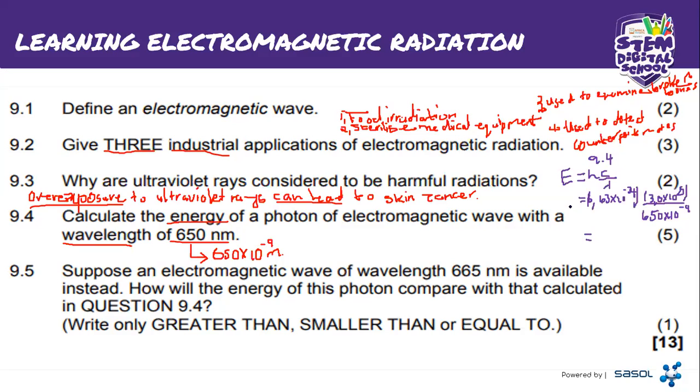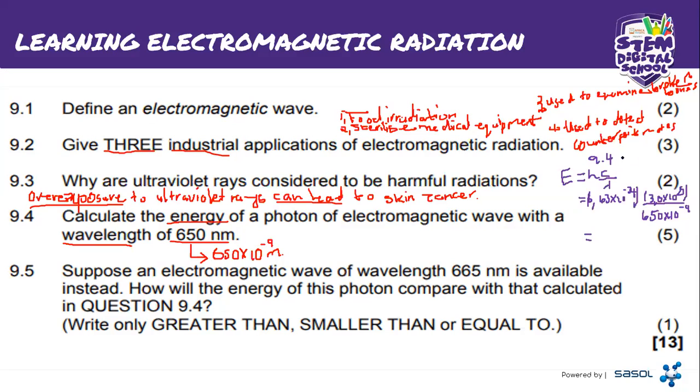6,63 multiplied by 10 to the power of negative 34, multiplied by 3 times 10 to the power of 8, divided by 650 multiplied by 10 to the power of negative 9.